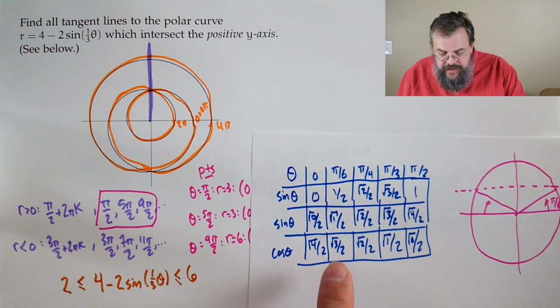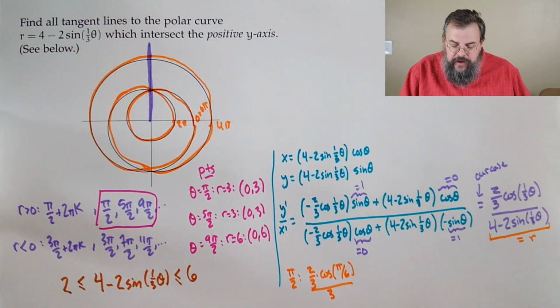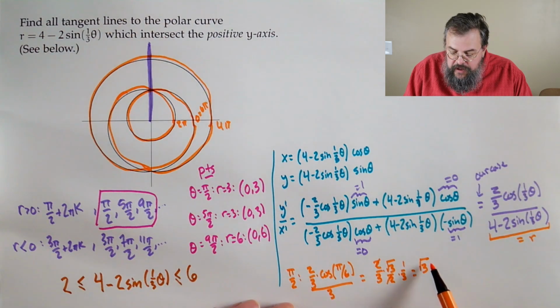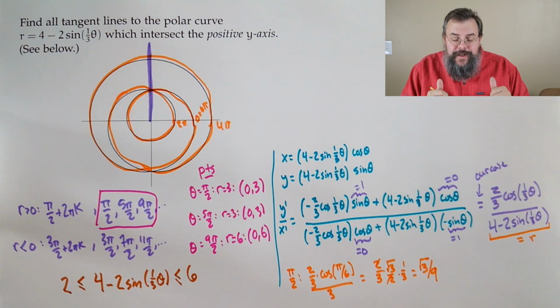Cosine of pi over 6, root 3 over 2. So, we have another root 3 over 2. So, that becomes 2/3 times root 3 over 2 times a 1/3. You can get some 2's to cancel, we end up with a root 3 over 9. All right, good. We did it.